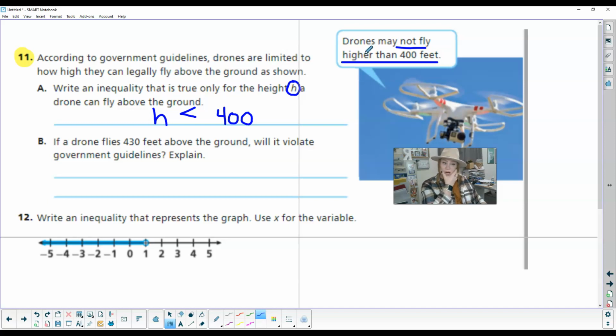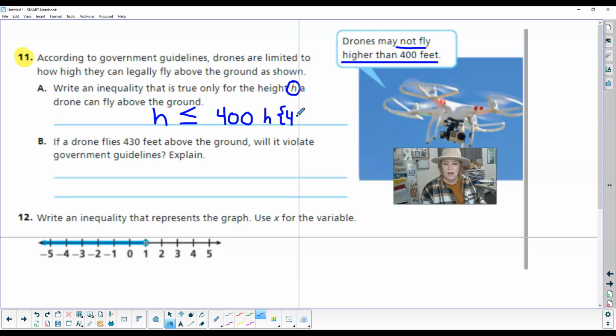So I know H has to be smaller than 400. Can it be 400 is what I want to ask myself. If it goes 400, is that okay? Well, it just says it can't go higher than 400. So it can go exactly 400 and still be okay. It just can't go like 400.5. So 400 or less, and it's okay. Let's make a few solutions to double check ourselves.